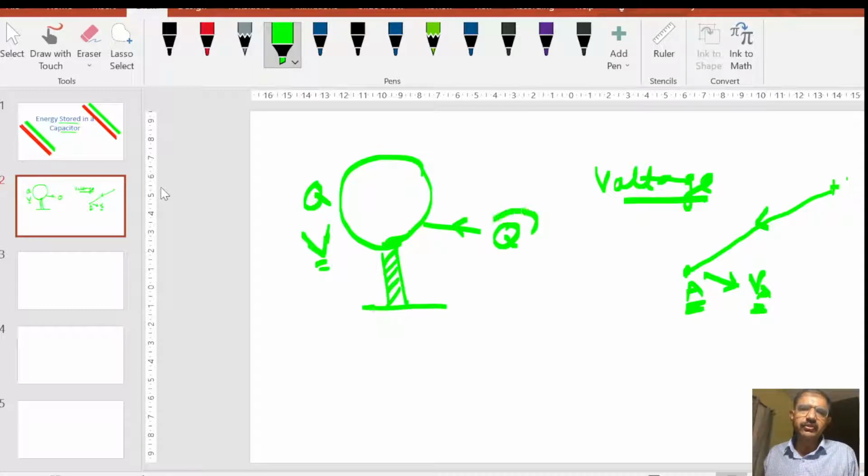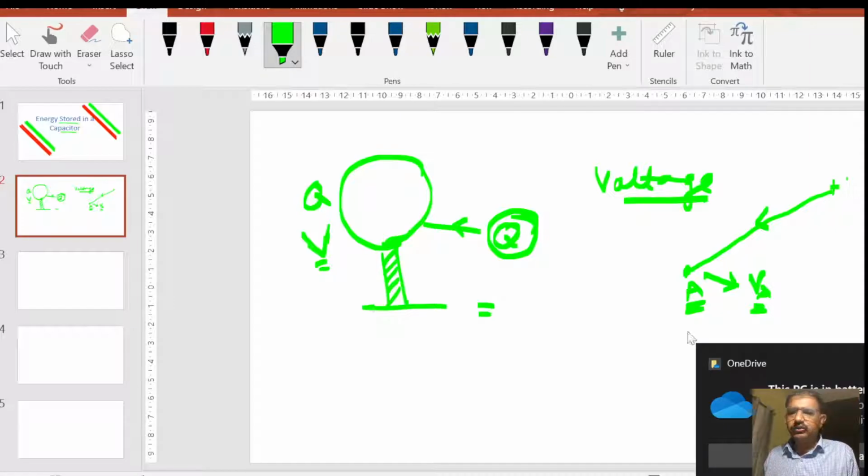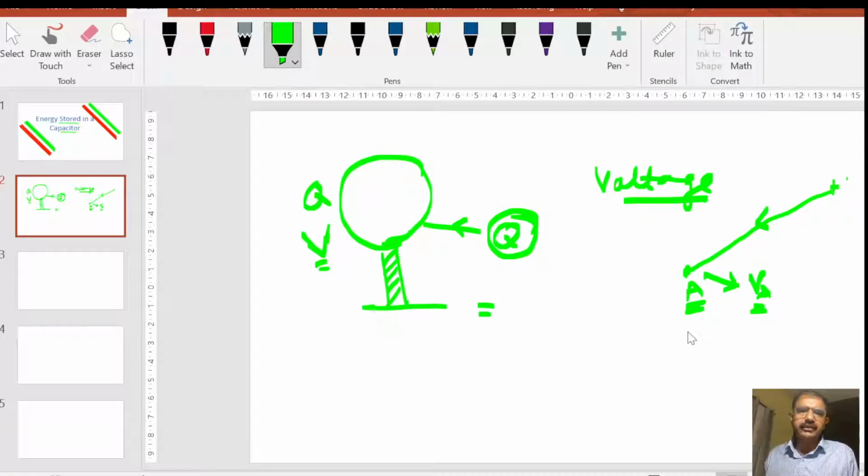The answer in your mind is that since bringing a unit positive charge takes work V, bringing Q charge takes work Q into V, and that is the energy. But that is not correct.